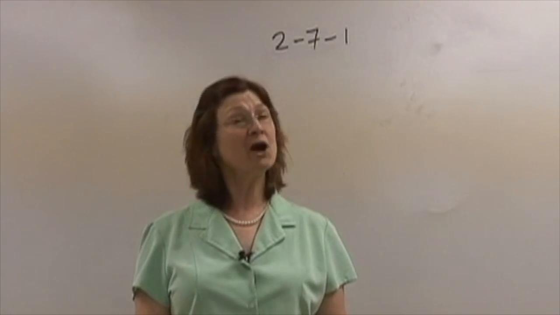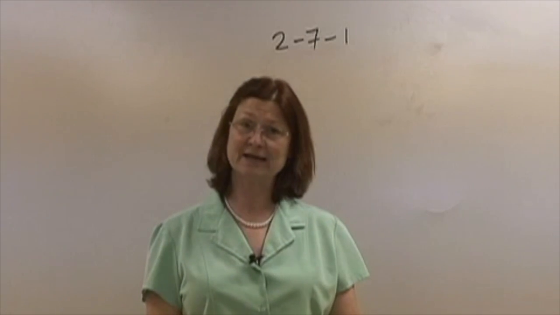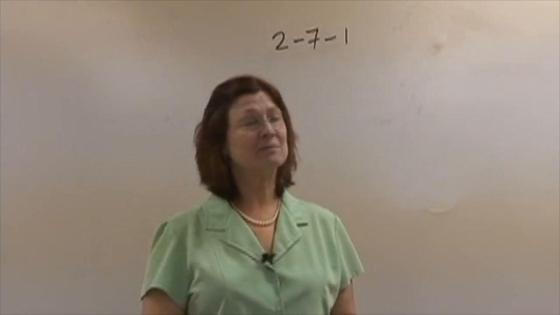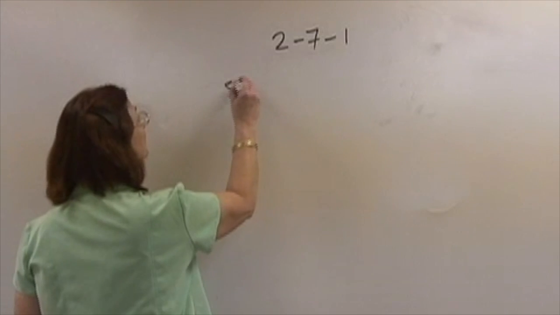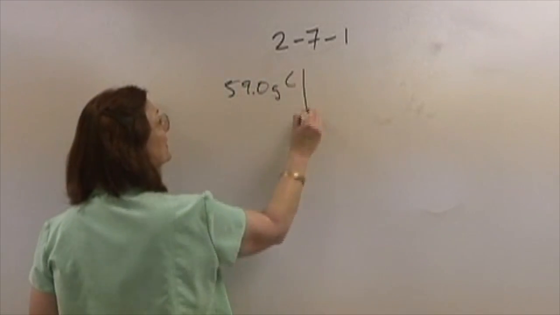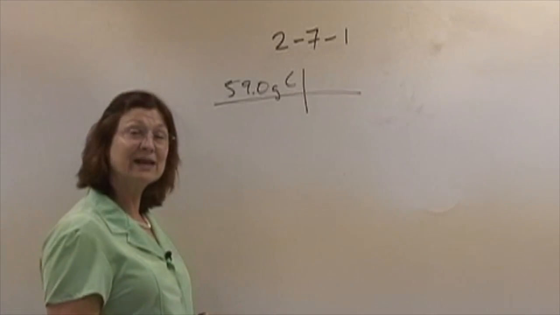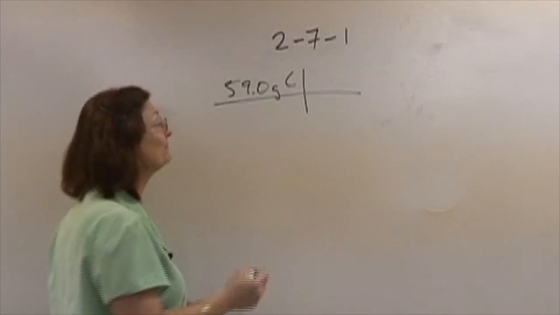In number 1, we are assuming that we have 100%, and therefore 100% would be 100 grams. 59.0 grams is carbon in adrenaline, and I thought it was interesting that we can figure out its empirical formula.